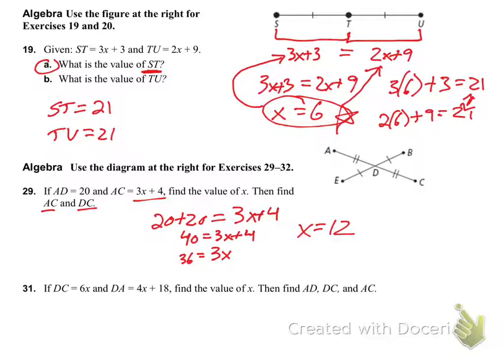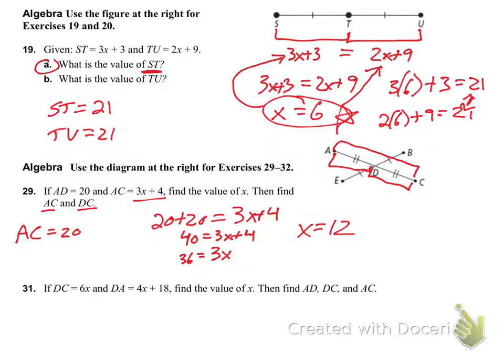I need to find the entire thing, and I also need to find this side from DC. Well, we already know what DC is because it's the same as AD. So if AD is equal to 20, DC is going to be equal to 20.